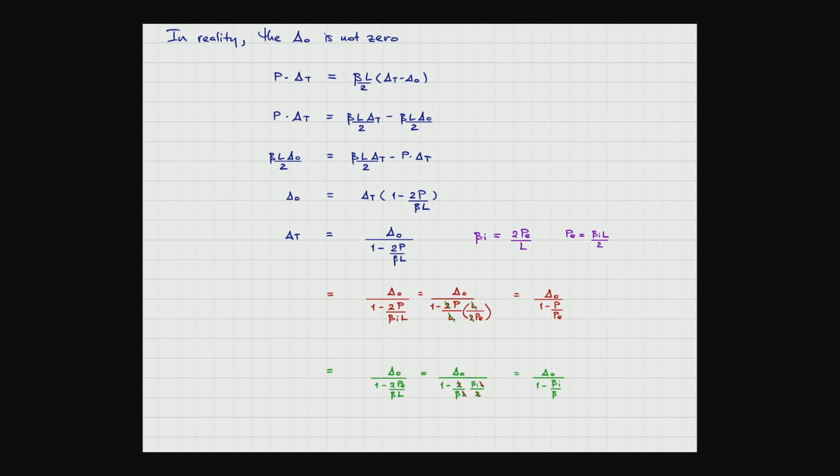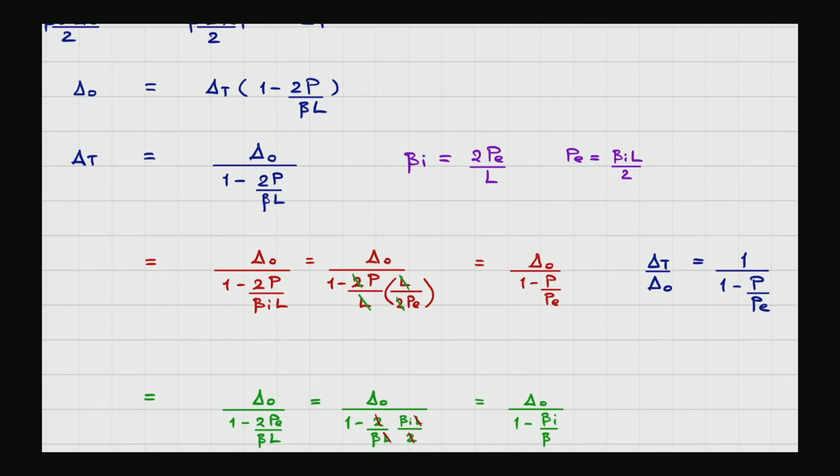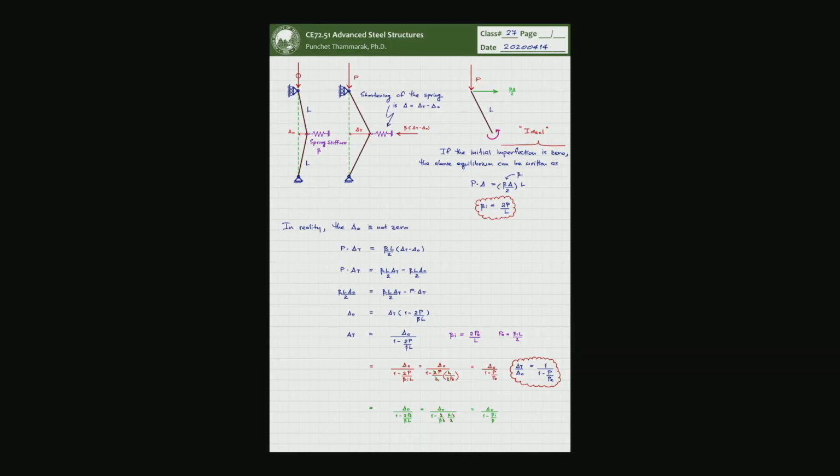So for delta T over delta naught, you just simply move the delta naught to the other side and then plot versus the P over PE. It equals 1 divided by 1 minus P over PE. Just like this. So this equation can be plotted, and that turns out to be the figure you saw on that page.